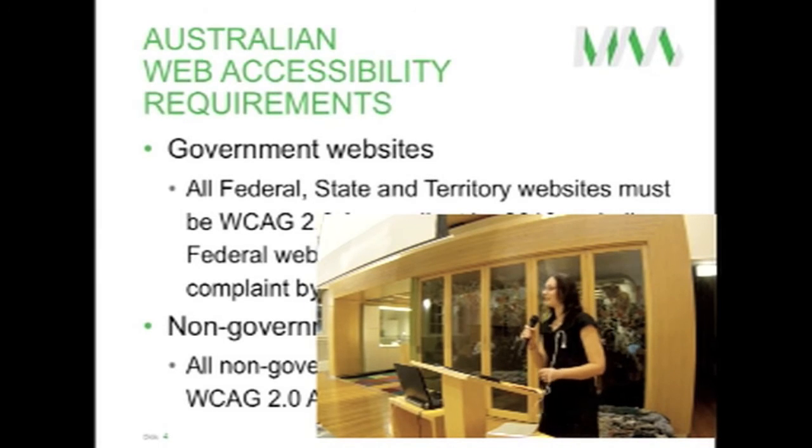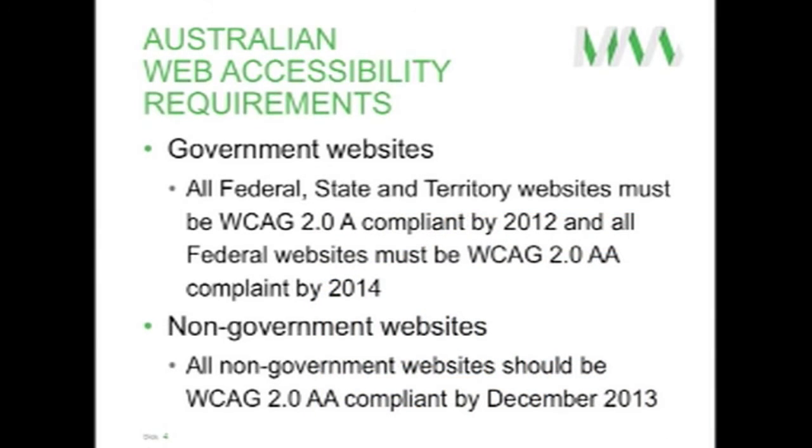So currently, the Australian landscape is broken up into government websites and non-government websites. Last year, the Australian government actually endorsed WCAG 2. WCAG stands for the Web Content Accessibility Guidelines. They're the recognised international standard for web content produced by the W3C, or the World Wide Web Consortium.